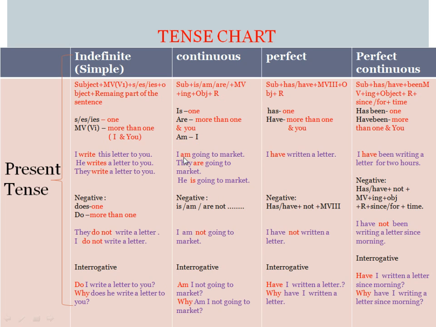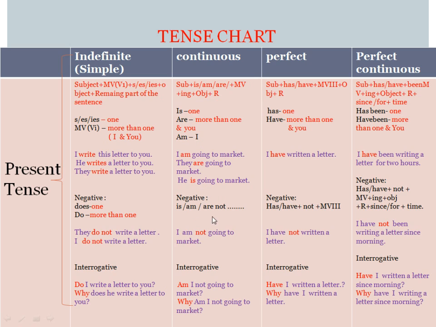Here with I we use am. They are plural, more than one, we use are. He is singular, we use is. And to identify which kind of sentence, we have to see the helping verb am, are, is. Seeing this helping verb, we can say that this sentence belongs to present continuous tense.